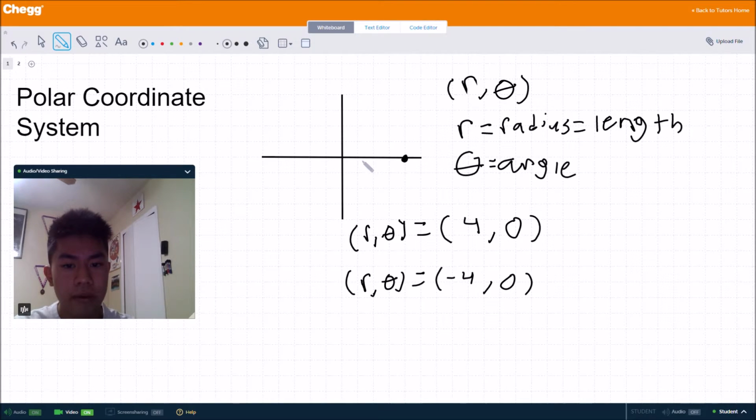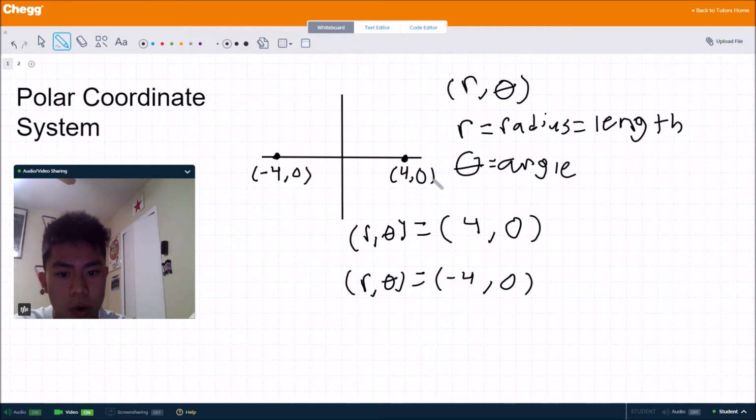So what we're going to do is flip it over to the other side. So this is the angle 0, this line here, and then it has a length of 4. However, it's negative, so we're going to flip that all the way over here. And this is -4, 0. This is 4, 0.